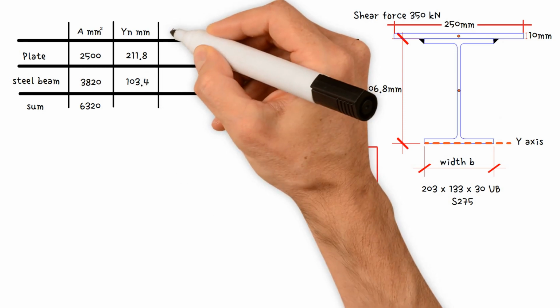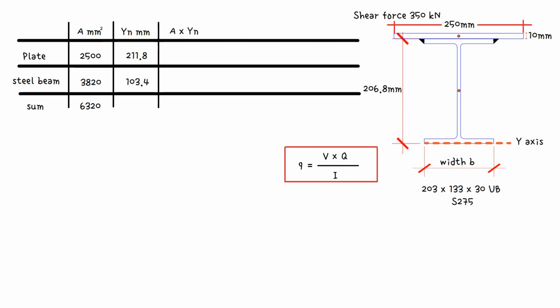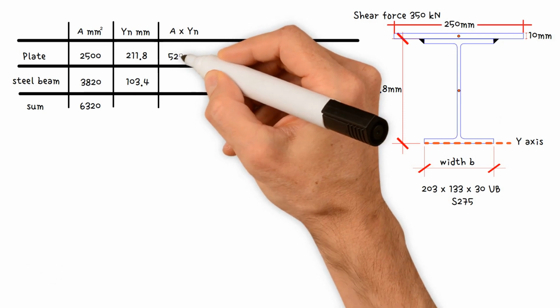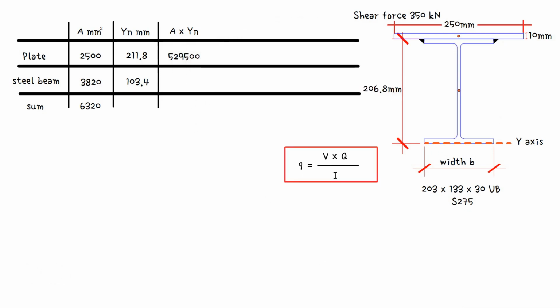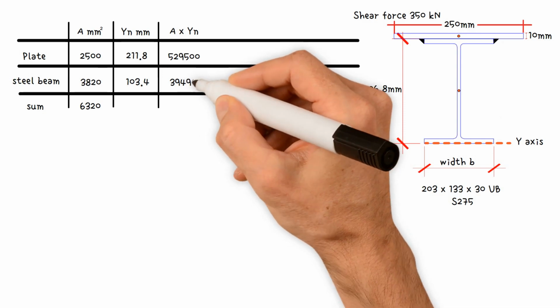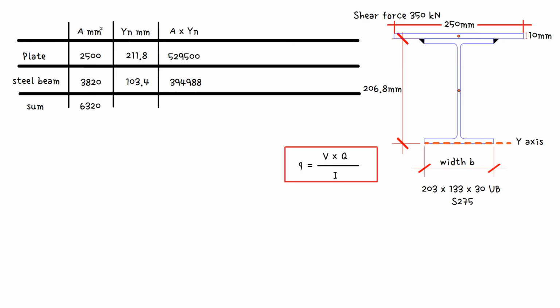The following column is area multiplied by yn. For the plate, area 2500 times yn 211.8 mm, which is 529,500 mm3. For the steel beam, area 3820 times yn 103.4 mm, which is 394,988 mm3.